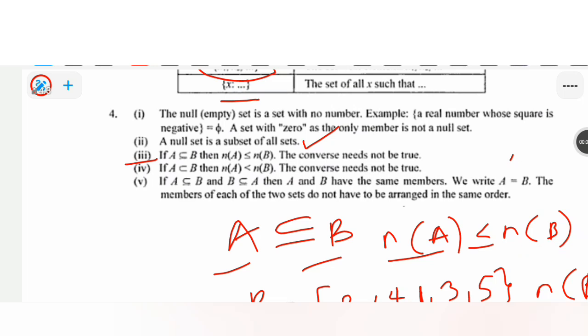If two sets are equal, that means they are subsets of each other. B is a subset of A, like B is a child of A. B can be taken out from set A. That's the meaning of this symbol. A is a subset of B means A can be taken out from B. The same thing here.